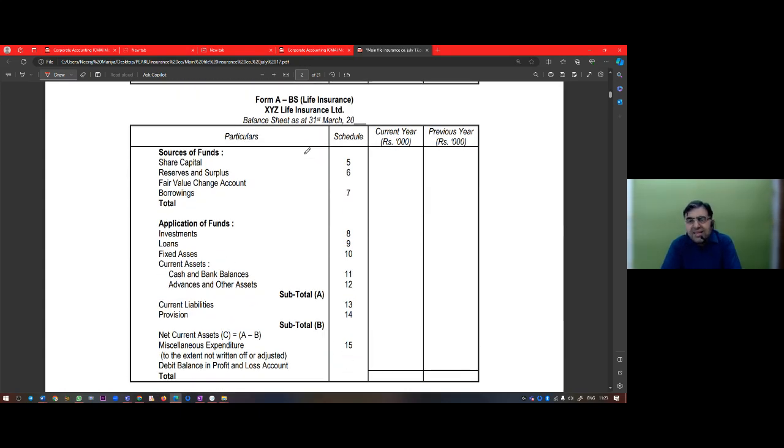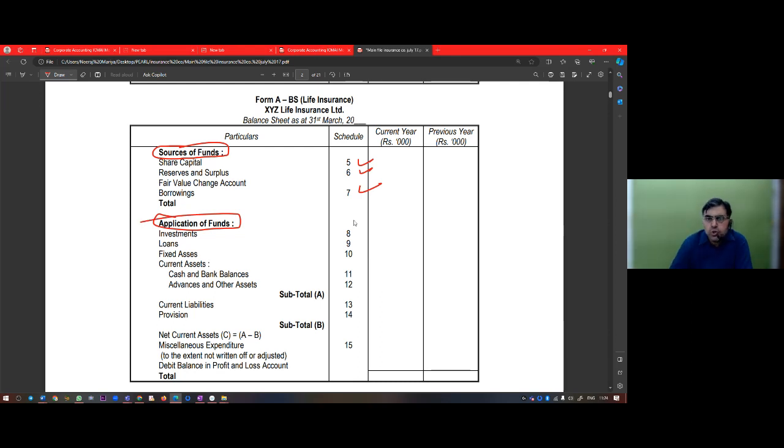Come to the balance sheet. The balance sheet has a liability side and an asset side. Sources of funds is the name of the liability side. It has share capital, reserve, surplus, and borrowings. Current liabilities are not shown on the liability side, they are deducted from the asset side. Now application of funds is the asset side.